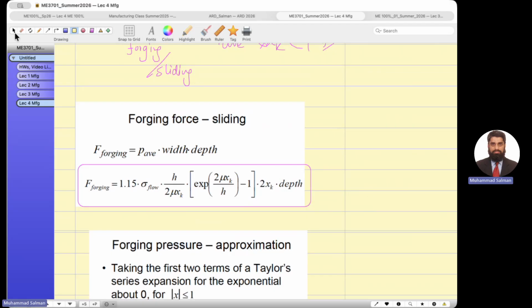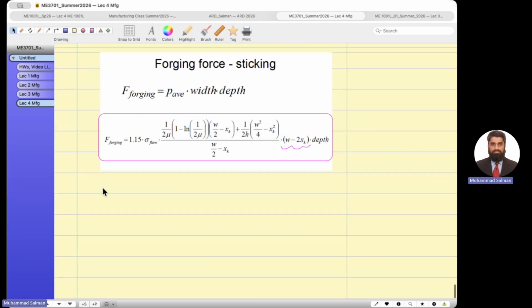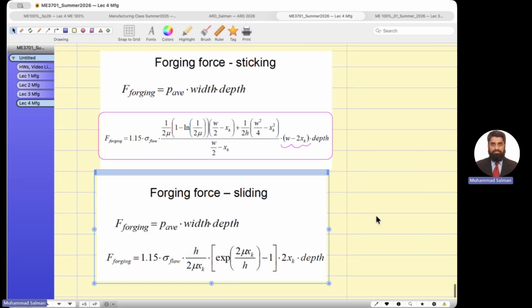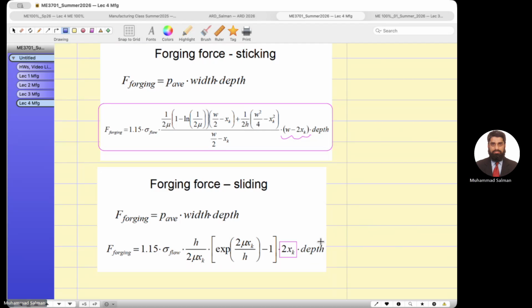If I grab it here again to show you the difference between this formula and this formula, you see these two formulas. The only difference is, look over here, the depth is multiplied by the width from 0 to 2xk. Over here, the width is W minus 2xk. W is the final width.